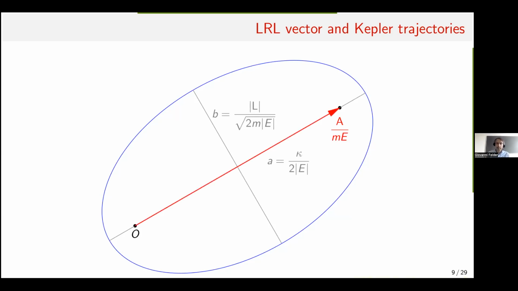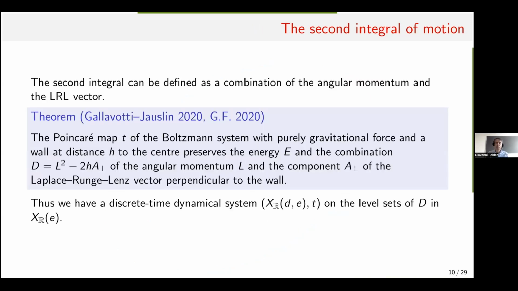And an interpretation of this Laplace vector, if you divide by mass times energy, is the vector which points at the second focus from the first focus. Okay, so this is the classical picture.